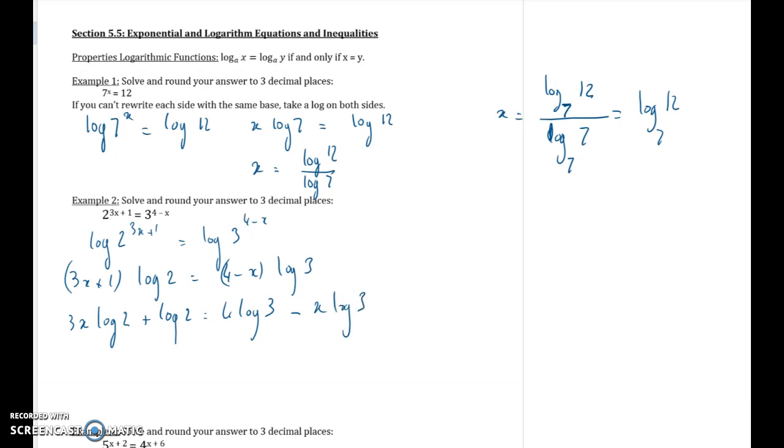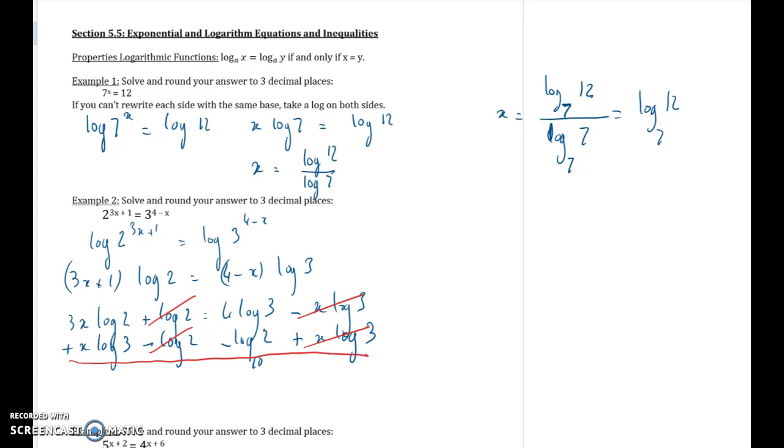I'm going to reorganize to have all the variables on one side and all the non-variables on the other side, by adding x log base 10 of 3 to both sides and by subtracting log base 10 of 2 from both sides. Now you can easily see that I end up with 3x log base 10 of 2 plus x log base 10 of 3 equals 4 log base 10 of 3 minus log base 10 of 2.